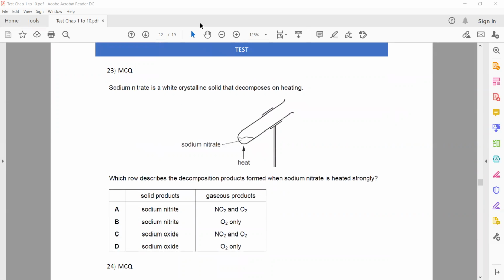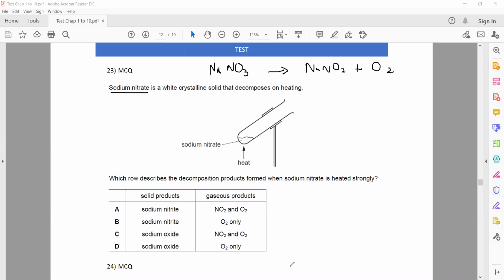Sodium nitrate, you have to learn this table. When you heat sodium nitrate, we discussed thermal decomposition of nitrates. So for potassium and sodium nitrate, when you supply heat energy, what is the result? This results in the formation of sodium nitrite plus oxygen. This is a decomposition of sodium nitrate.